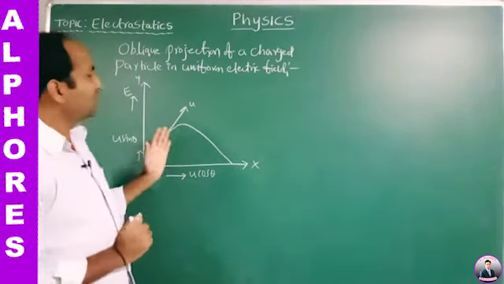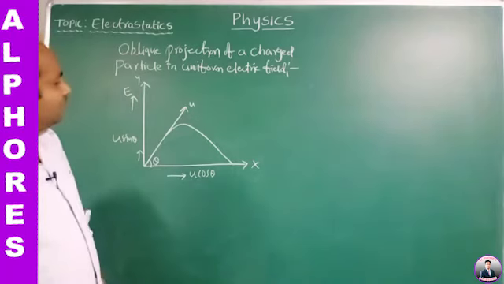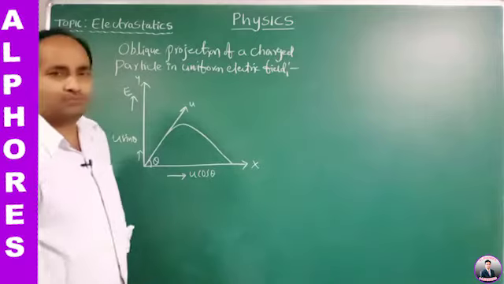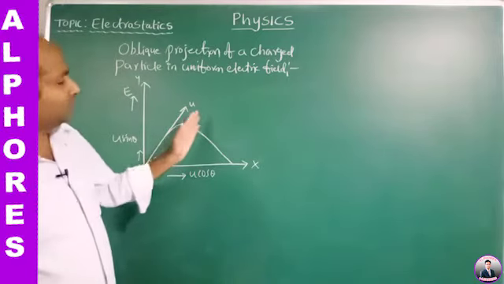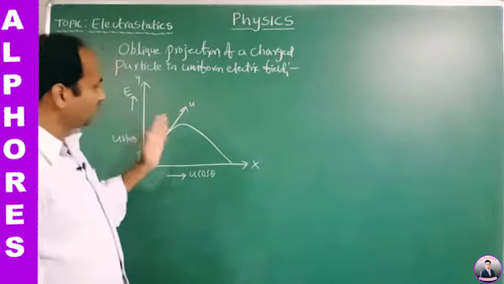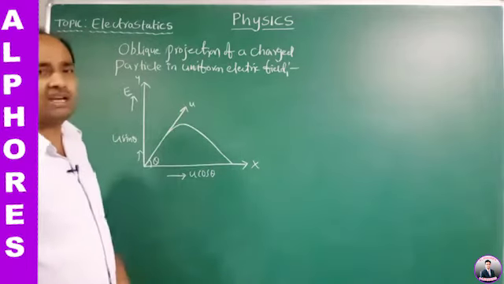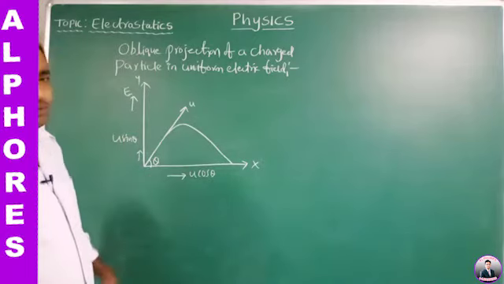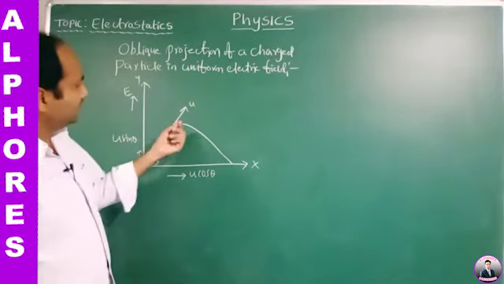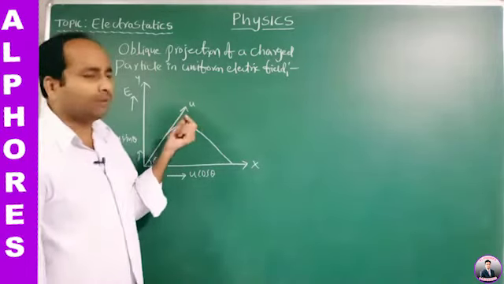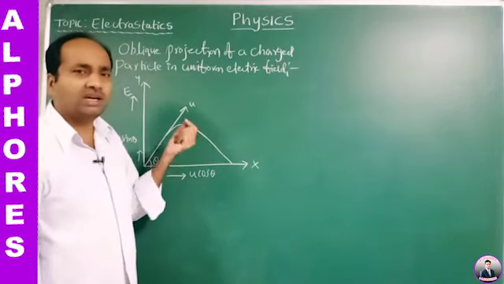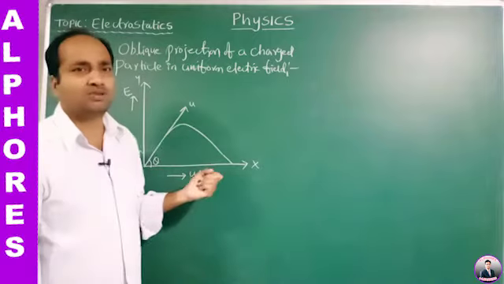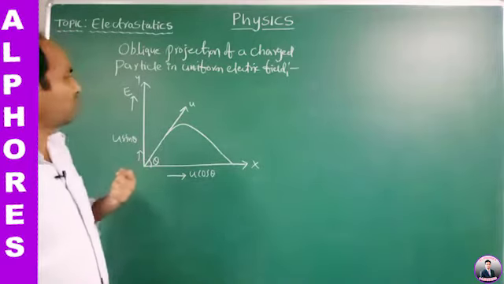Now a charged particle is projected into the xy plane with an initial velocity u, resolved into u cos theta and u sin theta. Whenever we project a particle into the air, gravitational force acts on it, and here the electric field is also there, so electric force also acts.